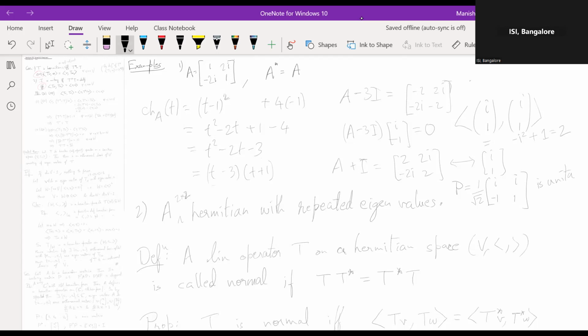And if you conjugate A by P, then you will get 1 and 3. Actually, the way I have written it, you'll get 3. So P star A P is going to be, because the eigenvector for 3 has come before, 3, 1, 0. Okay, so this is what you'll get.